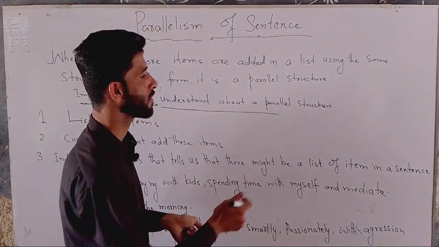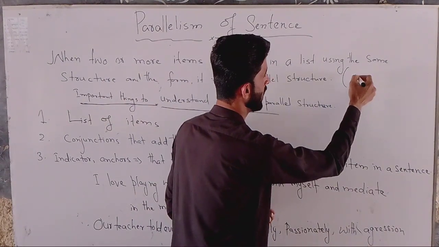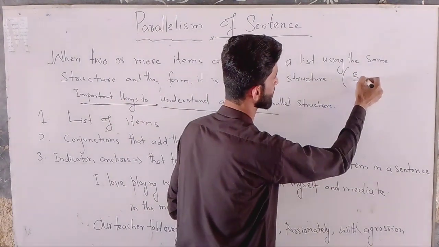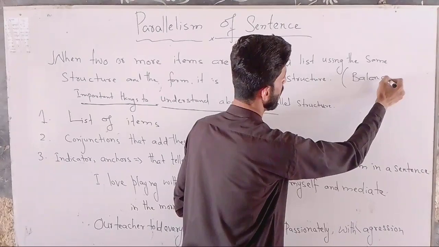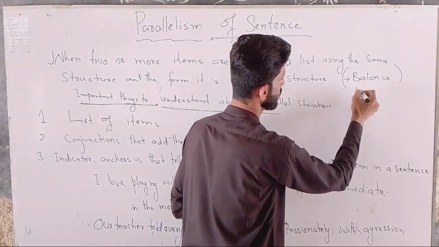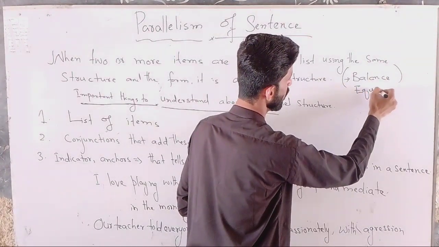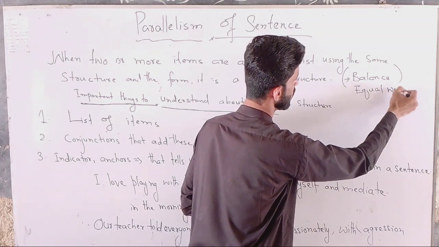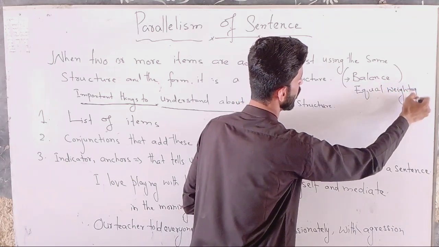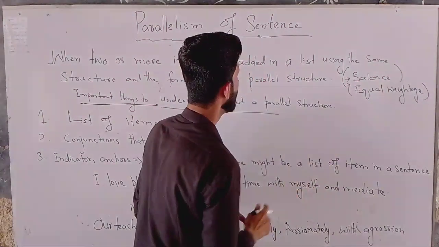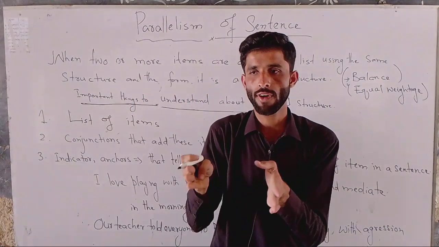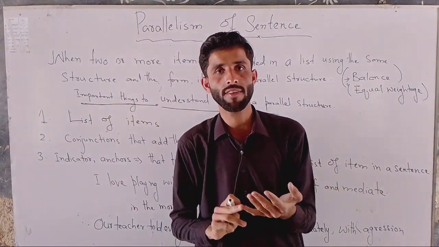We have to maintain a balance. We have to balance a sentence. Equal weightage. So it means that we have to follow the same rules if we have different items.